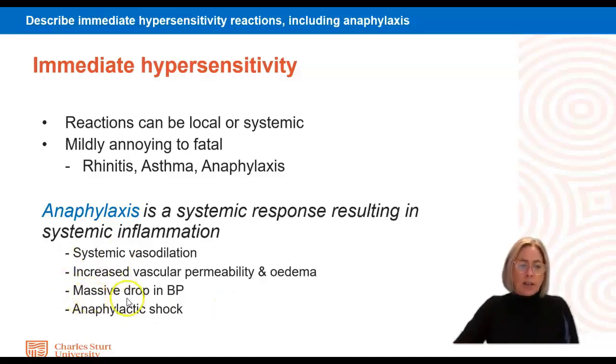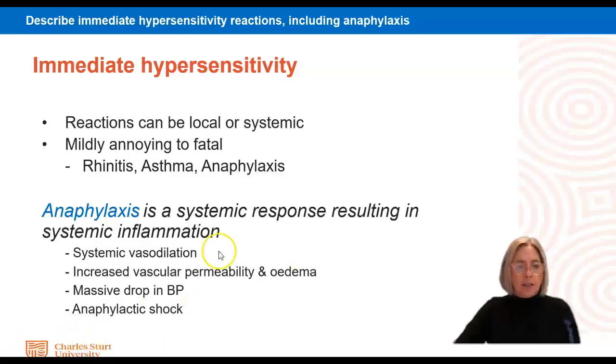And together this leads to a massive drop in blood pressure. Now, if this is severe enough, then blood vessels will start to collapse, and blood containing oxygen is not going to be able to be delivered to tissues, and waste products are not going to be removed, and then that results in anaphylactic shock.